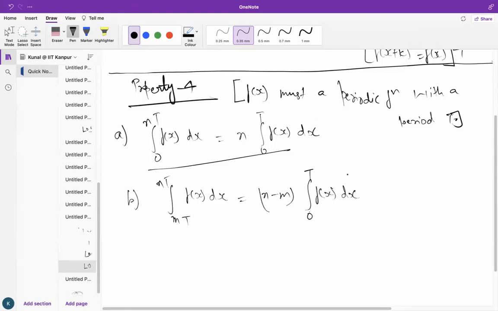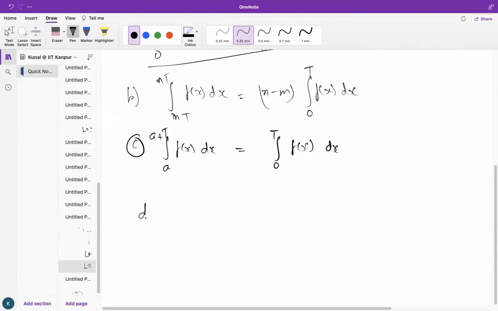I hope you all understand what I'm trying to say. Now the third property is the integral from a to a plus T of f(x) dx, which is equal to the integral from 0 to T of f(x) dx. And then our fourth property is the integral from a to a plus nT.